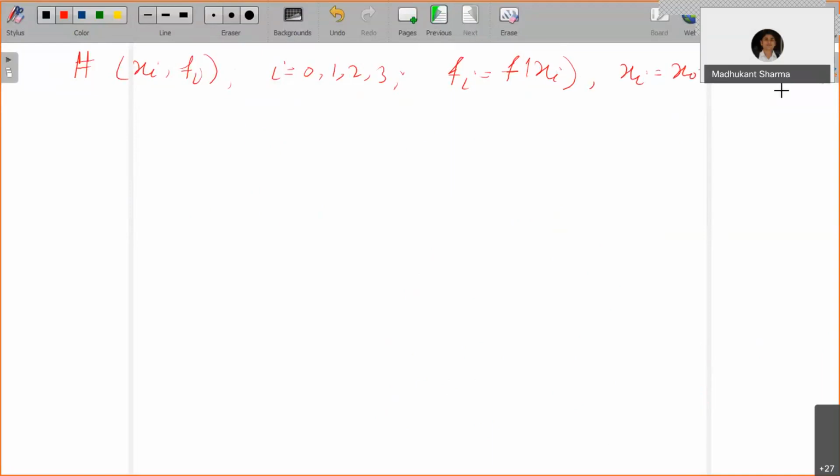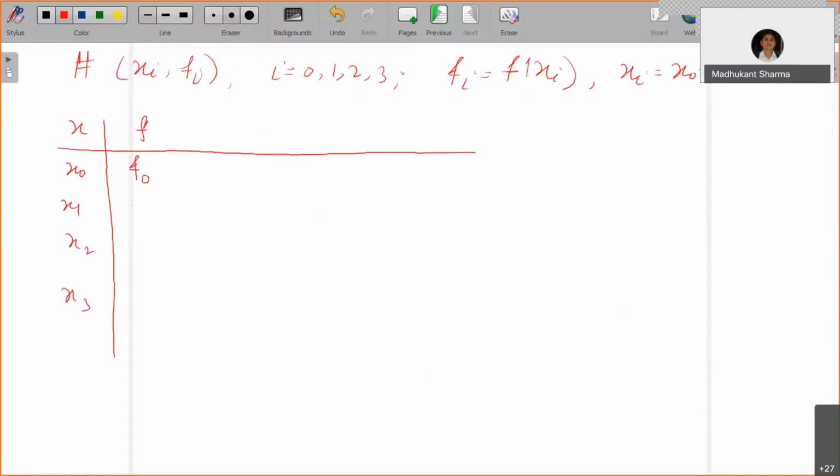We are having equispaced data only. So you have here x and f: x naught, x1, x2, x3, and f value at x naught, x1, x2, x3.